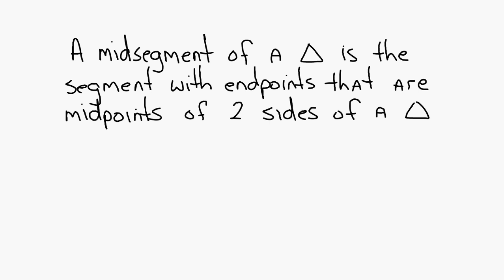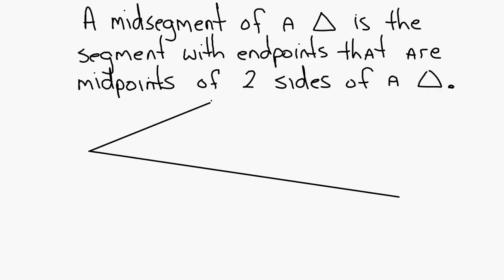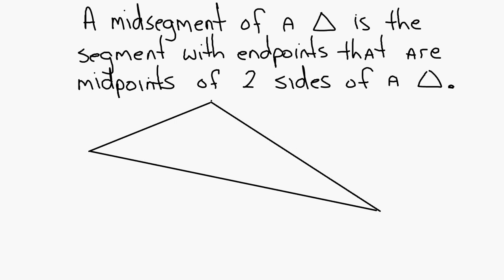A mid-segment of a triangle is a segment with endpoints that are midpoints of two sides of a triangle. So if you take a triangle and you identify the midpoints of two sides, so right here I'm going to call this point the middle of AB, we'll call it D. And then the middle of BC might be around here.